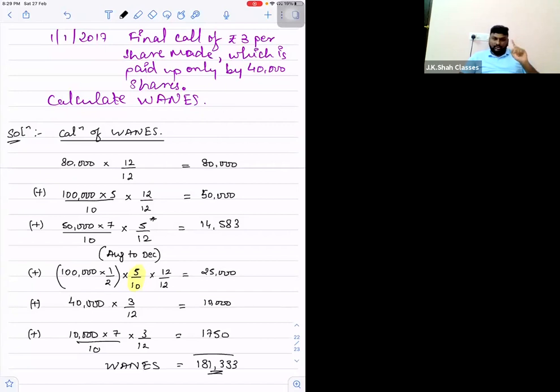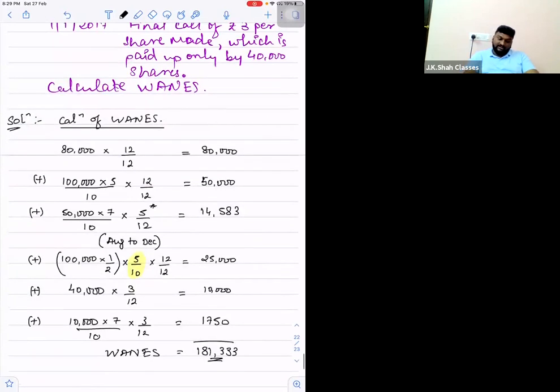Now, one small change a student can do if they want with the third step. Here they can give a split. Means here they can consider 40,000 shares for 5 months, and then show this 40,000 shares for 3 months.